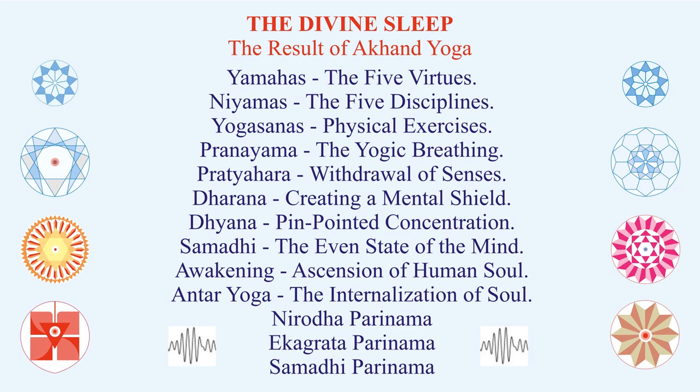Then when you withdraw the senses from outside, the mind comes inside the brain. Then you create a shield around the mind, and that is dharana. Concentrate the mind, with pinpointed concentration on any subject or object for as long as you want. That is what the intellect is. And then go to an even state of the mind, when the mind is not at all disturbed.